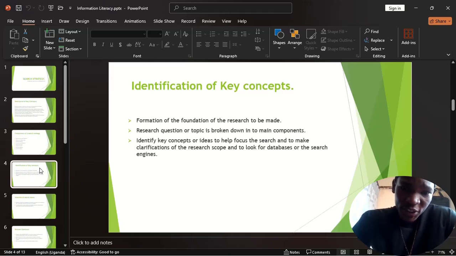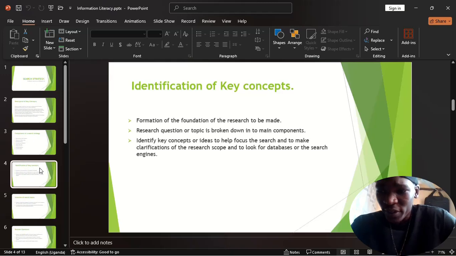During the identification of key concepts, a search question or a topic is broken down into main components that are used to do the research. So you identify the key concepts or ideas to help focus the search, clarify the research scope, and look for databases or search engines.